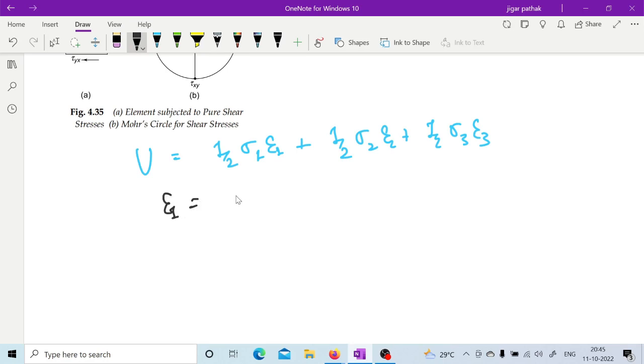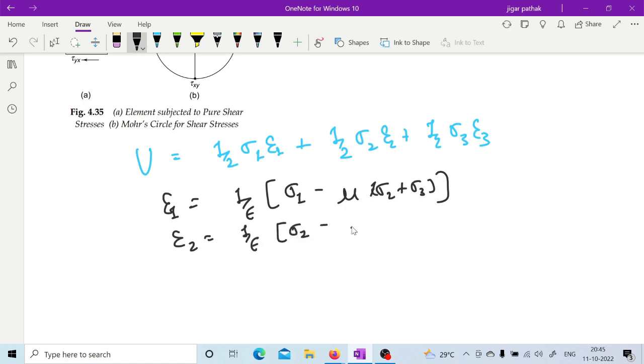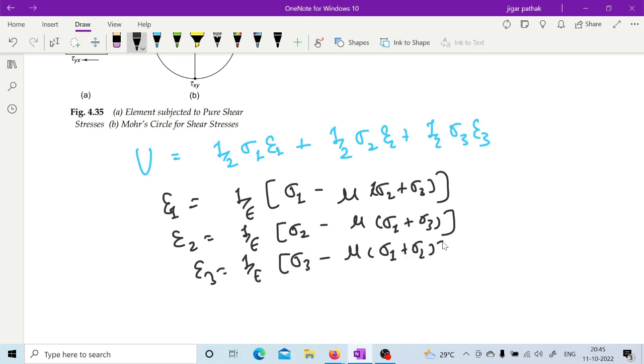E1 is given by 1/E times sigma 1 minus Poisson's ratio mu times sigma 2 plus sigma 3. E1, E2 and E3 are given in the same way, and E3 is 1/E times sigma 3 minus mu times sigma 1 plus sigma 2.